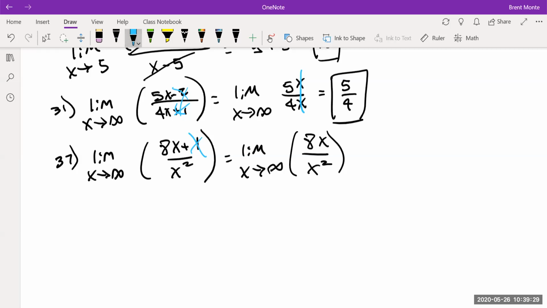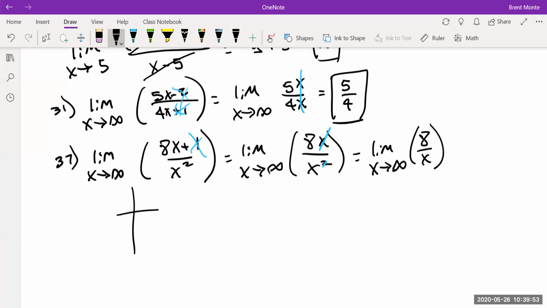And now this x on the top cancels with one of these. So now it becomes limit as x approaches infinity of 8 over x. Now as x gets really big and it's the denominator, you may know what it does. Let me show you real quickly what's going to happen.